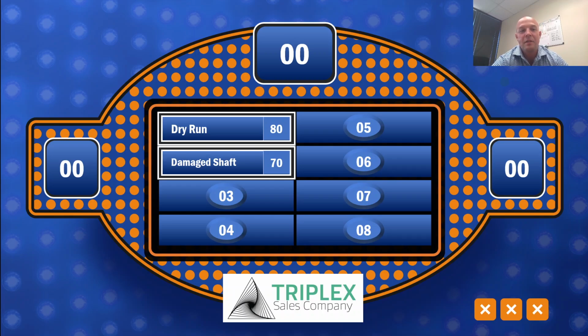Next reason we have is damaged shaft. One thing we see a lot is people call us and they'll say, hey, we put in a new seal, and we're starting to see failure of our seals quicker than we expected or quicker than it used to be. Usually what will happen is we'll come out, we'll pick up the pump, we'll bring it back to our shop, we'll take a look at things and try to evaluate and repair for it.